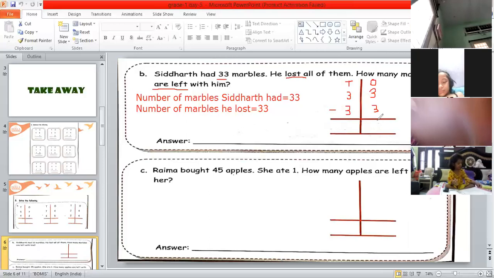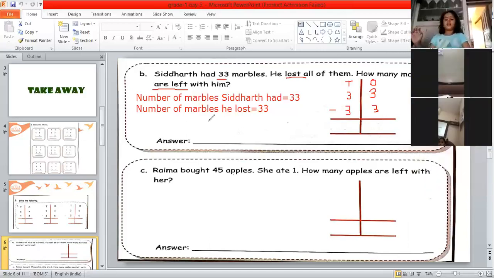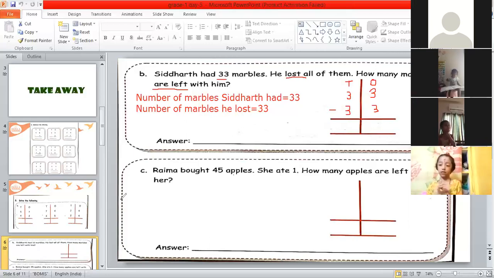Tell me. From these 3 fingers, remove 3 fingers and tell me the answer quickly. I'm waiting.